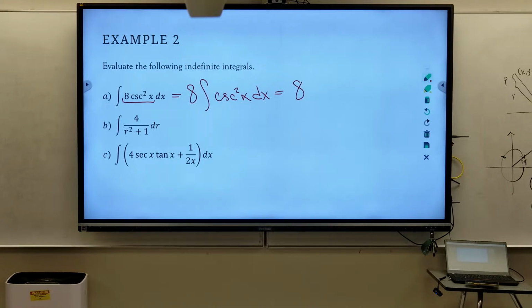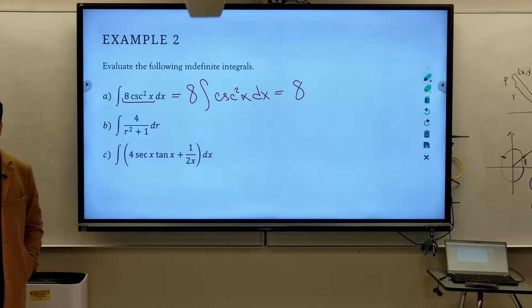Is it tangent? What's the derivative of tangent? Derivative of tangent is secant squared. Is it just a plain cotangent? What's the derivative of cotangent? Yeah, derivative of cotangent of x is negative cosecant squared of x.